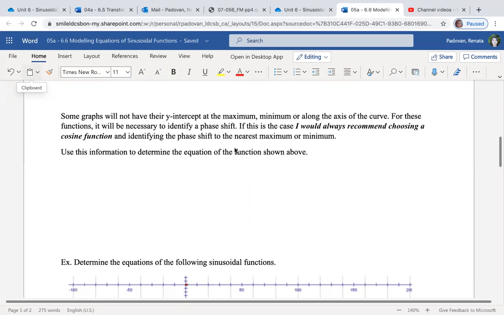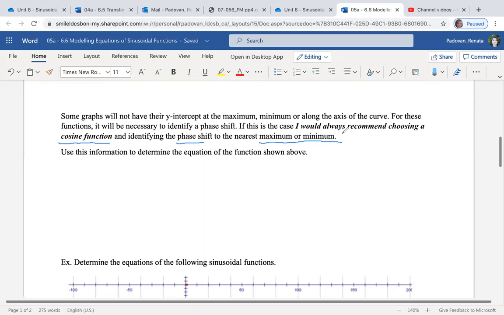We're going to be looking at one of those now. In order to figure out the phase shift, I would always recommend choosing the cos curve, using a cos function as your equation and identifying the phase shift to the nearest maximum or minimum.